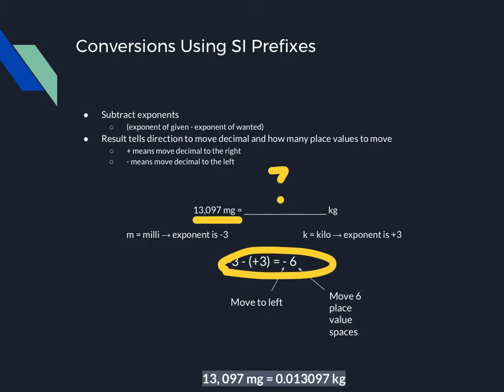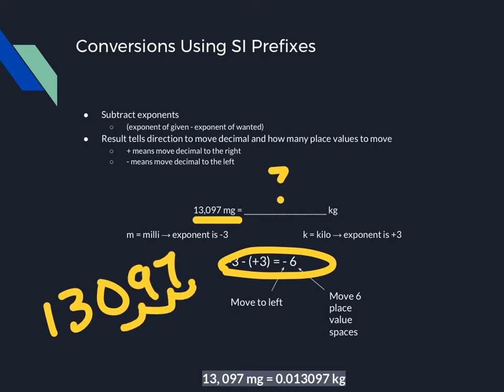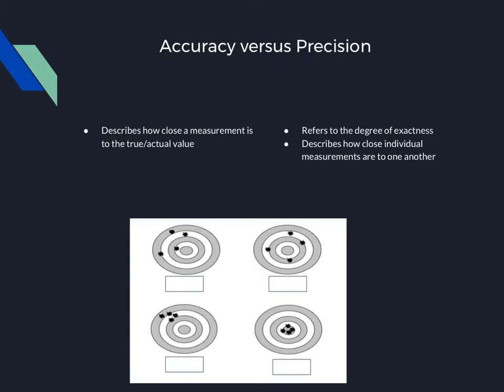The 6 tells me to move it 6 spaces to the left. So I take where the decimal is right now, which is at the end of the 7, and I move it 1, 2, 3, 4, 5, 6 spots to the left. In that empty space I put a 0, so I get 0.013097 kilograms as my answer.